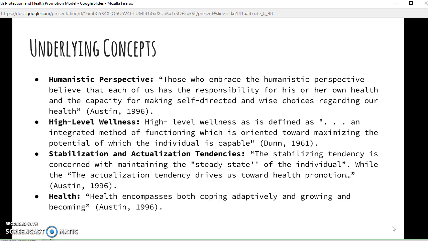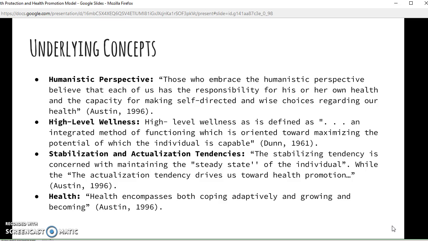With this tendency, it motivates the client to move away from negativity and the things that cause the illness and the injury and the setback.